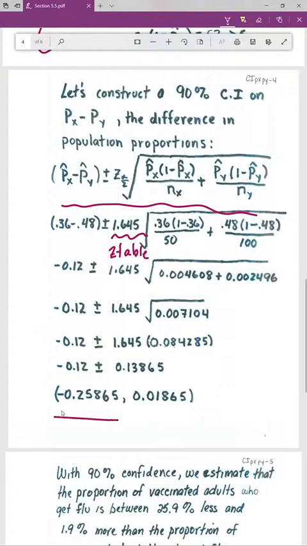Simplifying further, we will have negative 0.12 plus or minus 0.13865, giving us a final interval of negative 0.25865 to 0.01865.